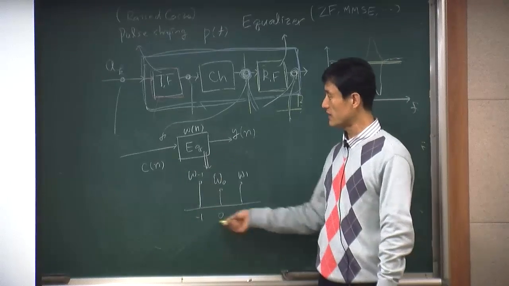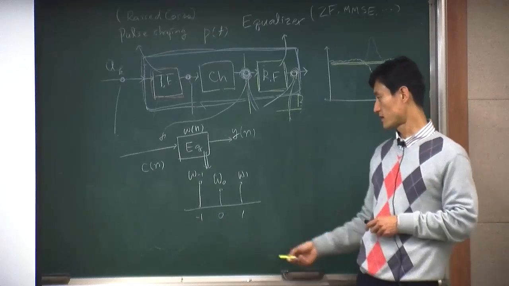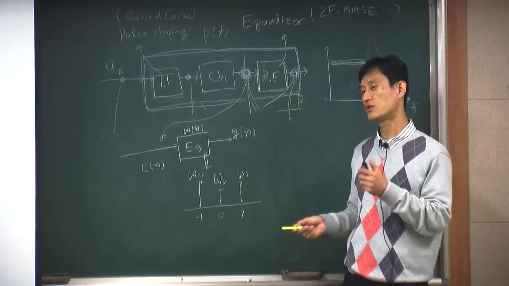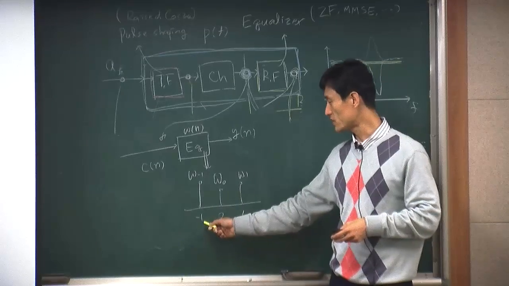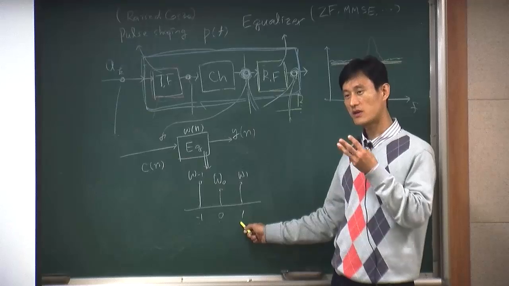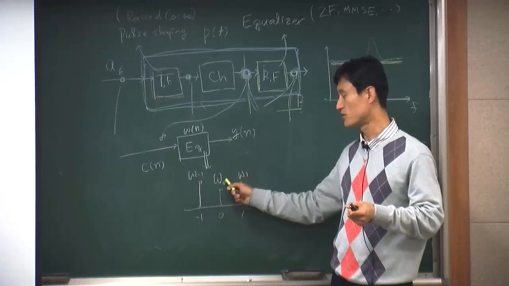In order to design this equalizer, you need to decide 3 things. First, how many taps you need to have. Second, what the delay value is going to be for each one. And the third, most important thing, is you need to decide the W values.